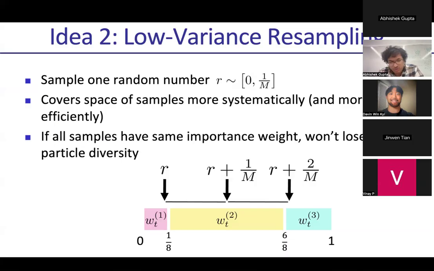And so you lose less particle diversity. You can show that it's a lower variance estimator for these samples. And so that's the one you're going to implement in your homework. So when you want to think about how to implement it, just think about picking an initial point and then picking the next set of points as just being equally spaced out with the gap being one over the number of particles that you want. Right? That's it.